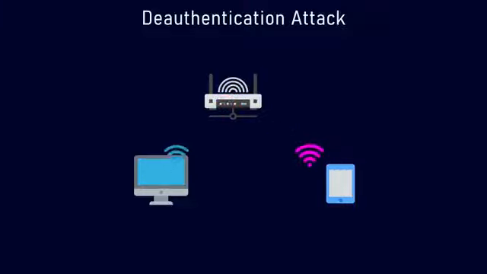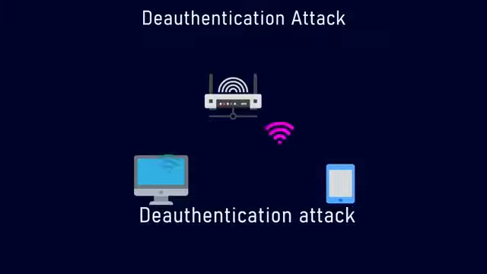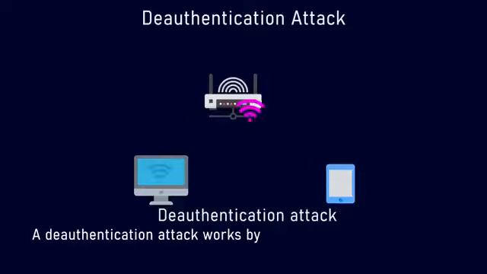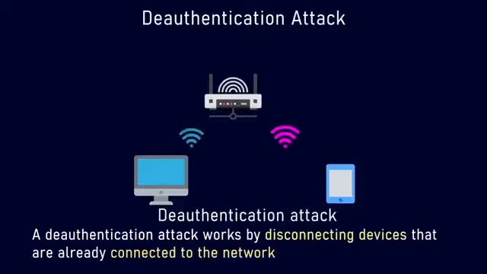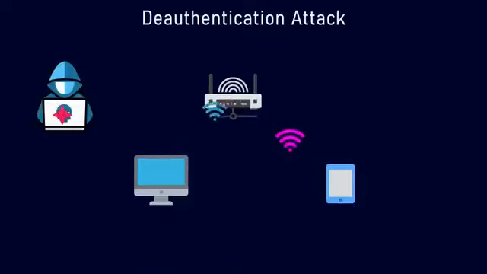Now, to address this problem, we have something called a deauthentication attack. A deauthentication attack works by disconnecting devices that are already connected to the network. In simpler terms, the deauthentication attack kicks off or disconnects devices from the network by sending deauthentication frames to all devices on the network.